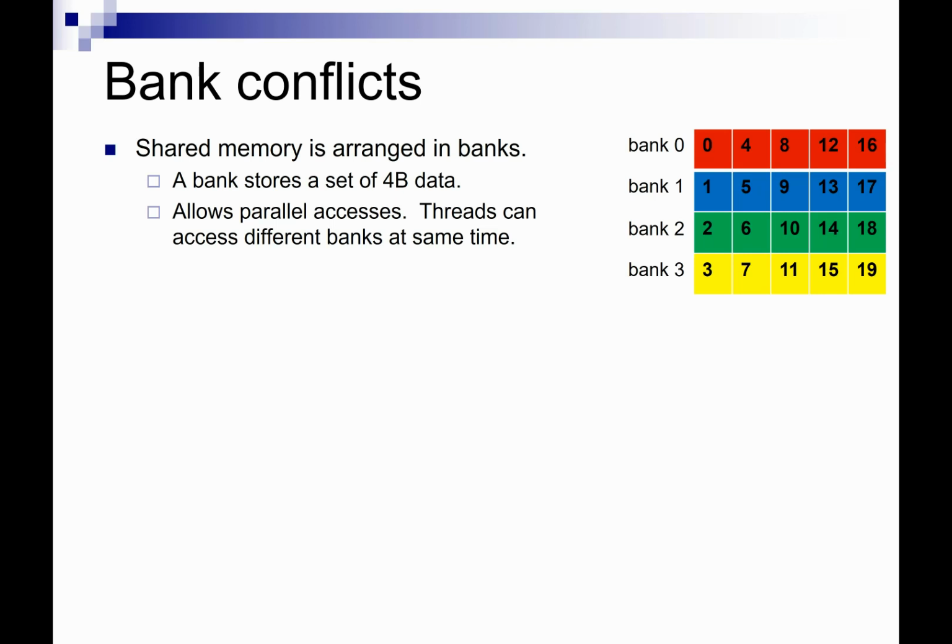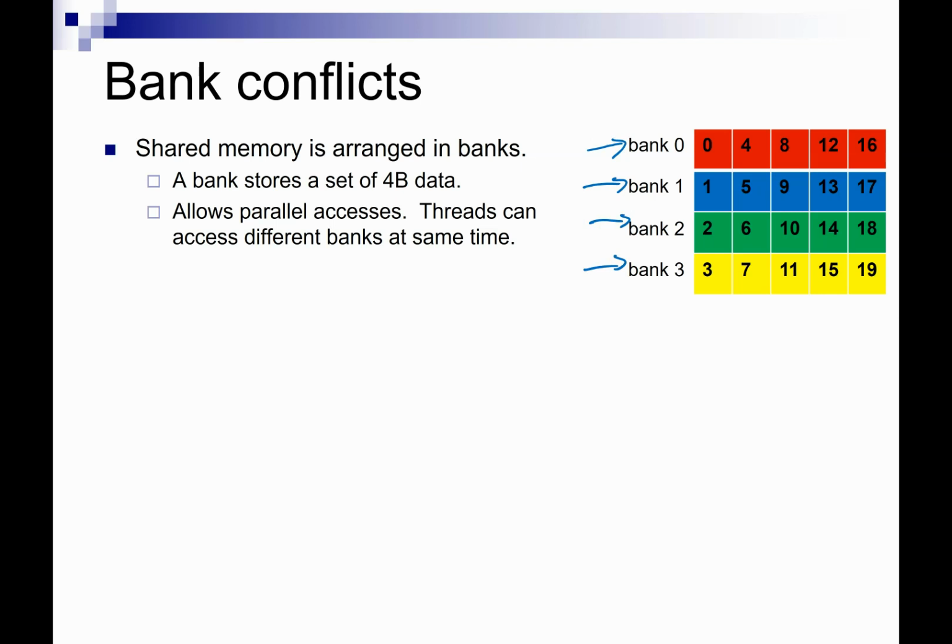A bank stores a set of memory addresses. Threads can access different banks at the same time. For example, if you have 4 threads and they want to access 4 different banks, they can do that simultaneously.